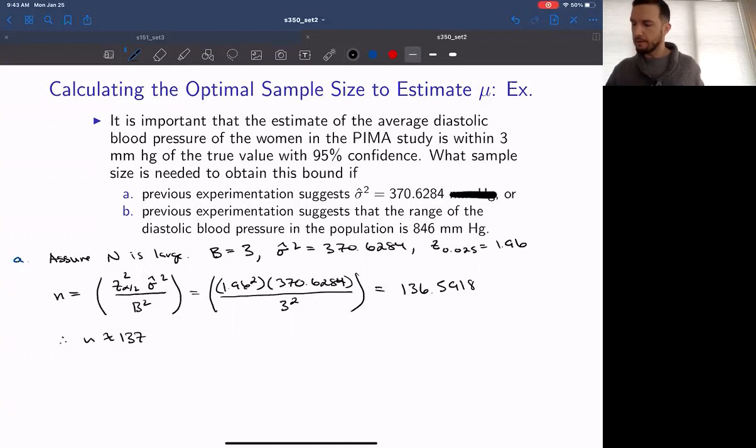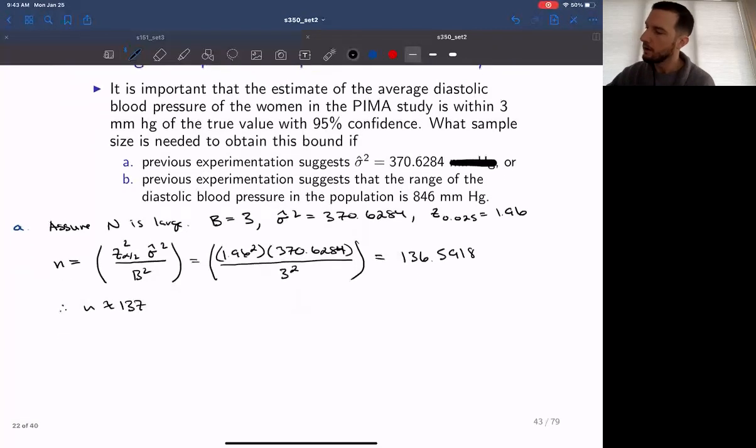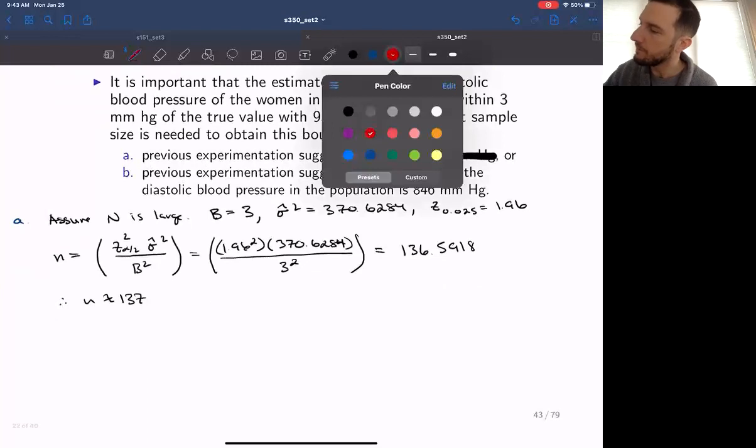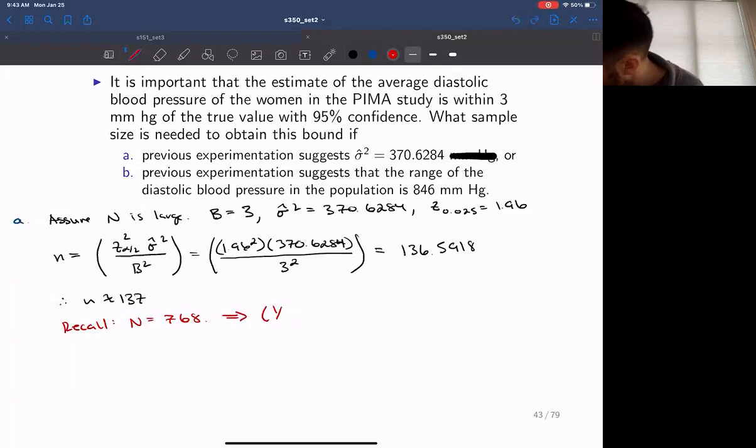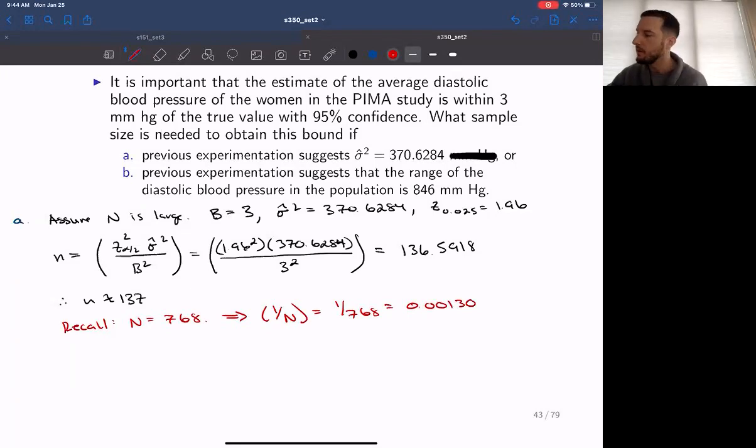All right, now, just going back to my previous point, recall that capital N for this experiment was 768. So this means that 1 over capital N is equal to 1 over 768, which is 0.0013.